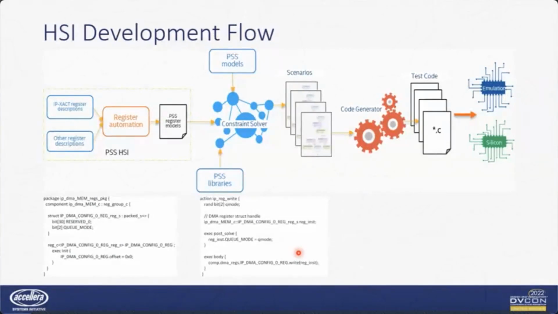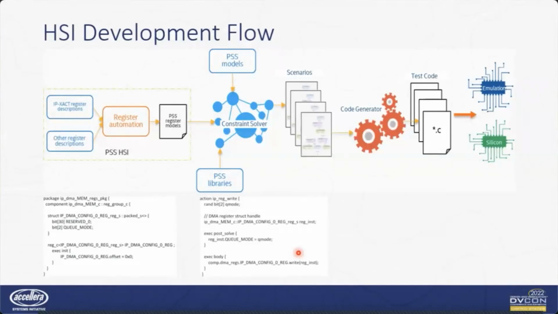Now that we have the exec body nailed down, now comes the most important part, target code implementation. So how does this write function look in my generated code? So when we talk about target code implementation of HSI sequences, it is important to point out that PSS standard does not impose specific rules on target code implementation. So PSS tools are free to implement their own way of generating the target implementation code.